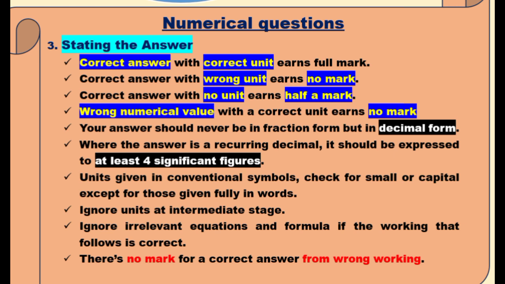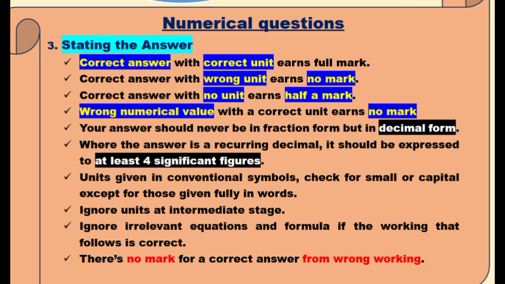Wrong numerical value with correct unit. Your answer is wrong, but the unit for the answer is correct, 0 for the answer. Your answer should never be in fraction, always should be in decimal form, and mostly at least 4 significant figures. I believe you all know that. Units given in conventional symbols, check for small or capital, except for those given in ones.